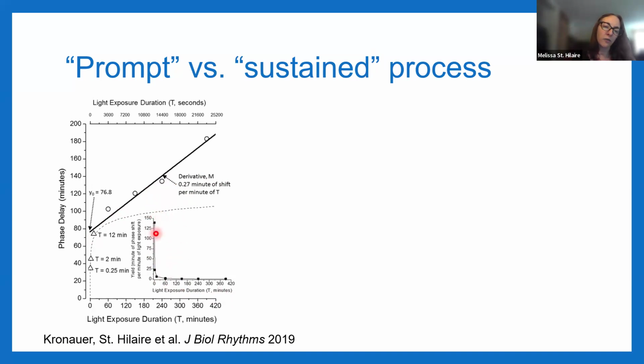So we initially get a very rapid yield of phase resetting from each second or minute of light exposure. And then eventually we get a very small but sustained incremental response across the remainder of that light exposure. And as I mentioned, that inflection point we calculated to be somewhere around 37 minutes.